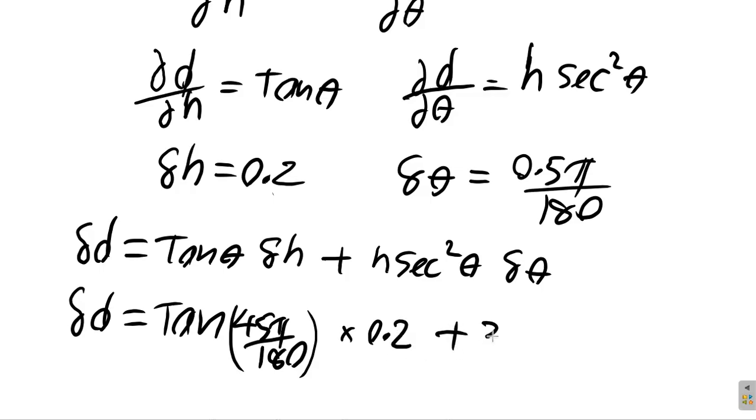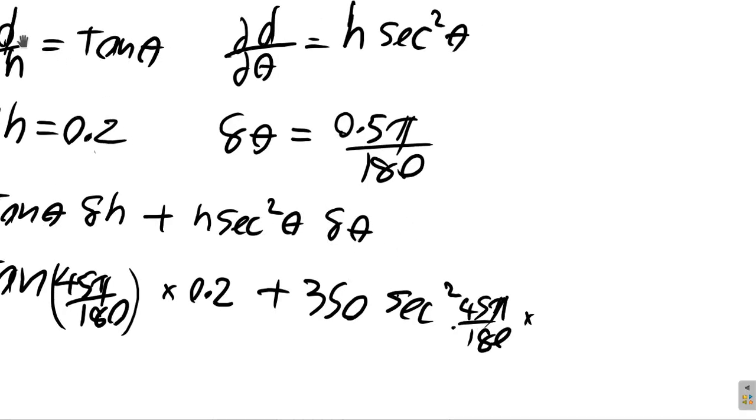Plus height 350 times sec squared theta. The angle theta is 45 pi over 180 radians, and that you multiply by the small change in the angle, which is 0.5 pi over 180.